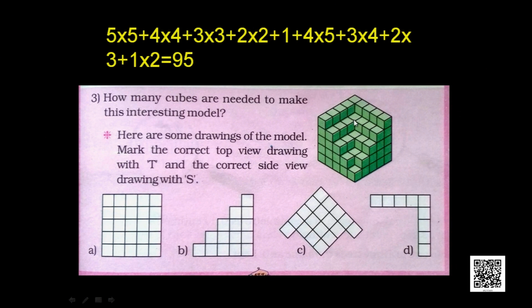Then again you see this cube I have already taken earlier. So, I have to count this. How many cubes in this setup? Now, here you see 3 into 4, 12 cubes are there. Similarly, here earlier I have taken it, only I have to count these cubes.